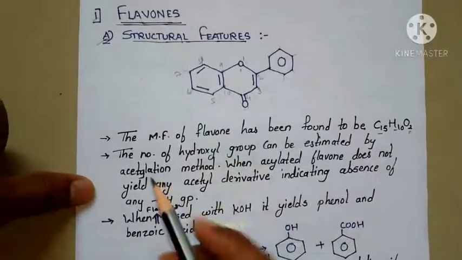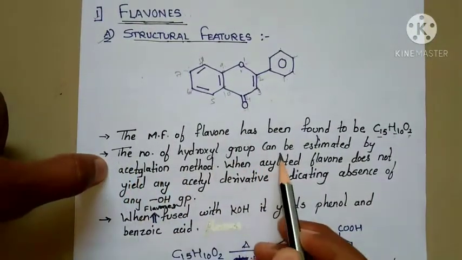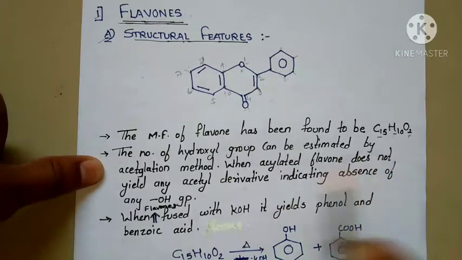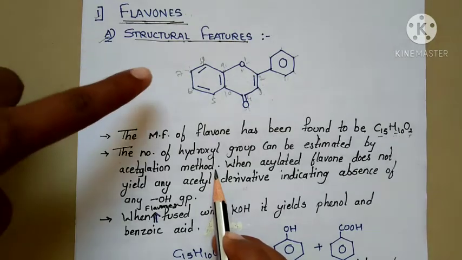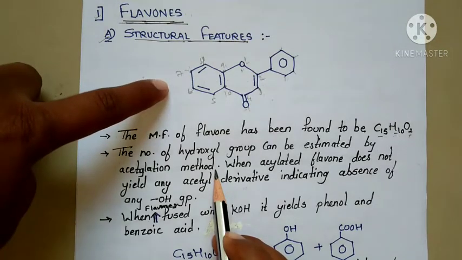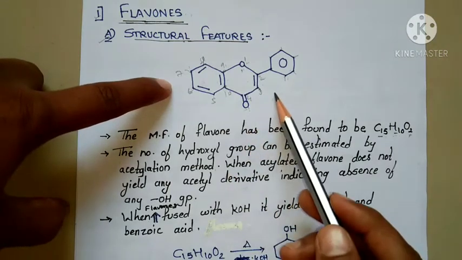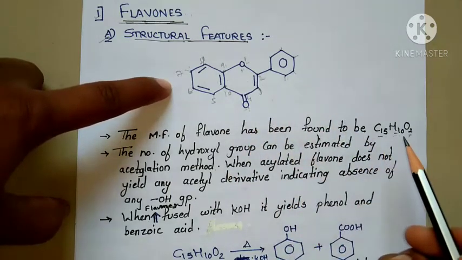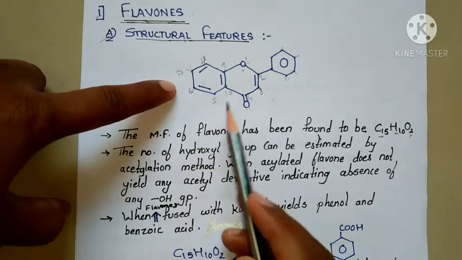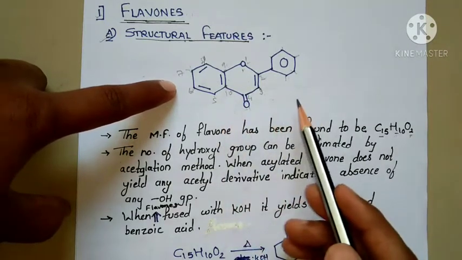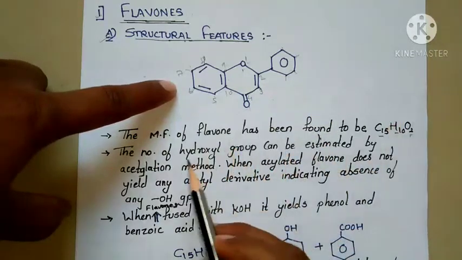Then your next point is that the number of hydroxyl groups can be estimated by the acetylation method. That means if a hydroxyl group is present in the flavone structure, then you will get acetylation, but in the absence of a hydroxyl group, flavones cannot undergo acetylation.